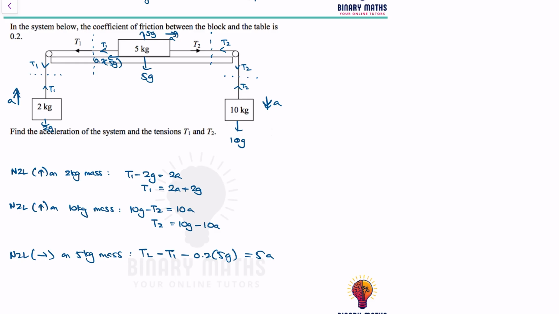But we know T2 is equal to 10g minus 10a, minus T1, which is 2a plus 2g, minus 0.2 times 5g, must be equal to 5a.